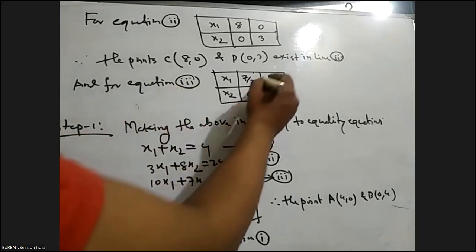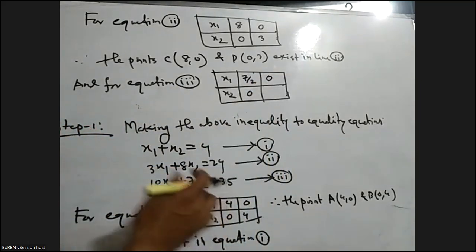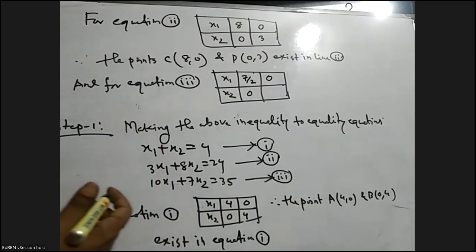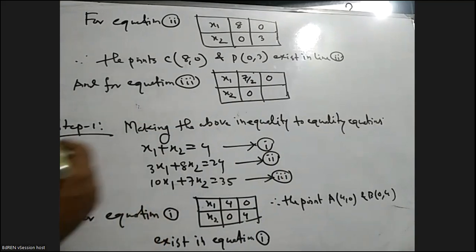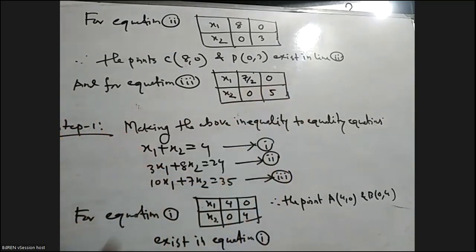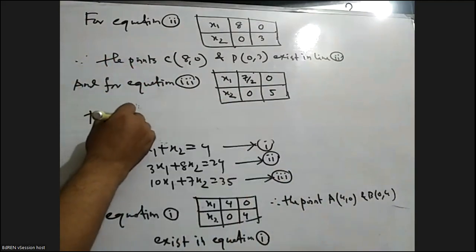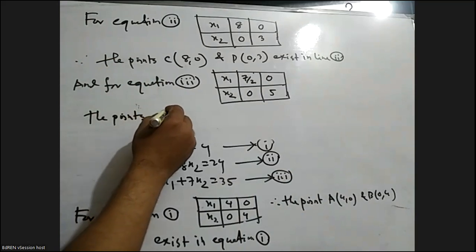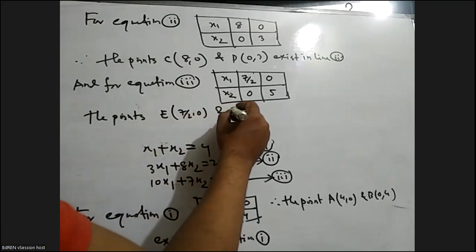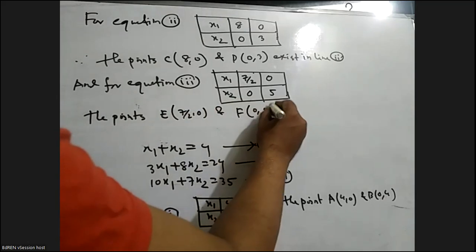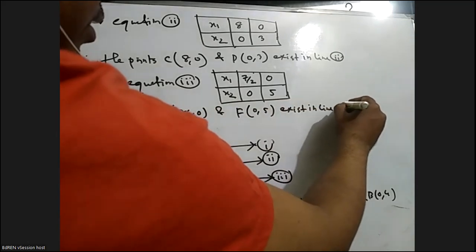And if x1 equals 0 in equation 3, then we get 7x2 equals 35, so x2 equals 5. So point E will be 7 by 2, 0 and point F will be 0, 5, existing on line 3.